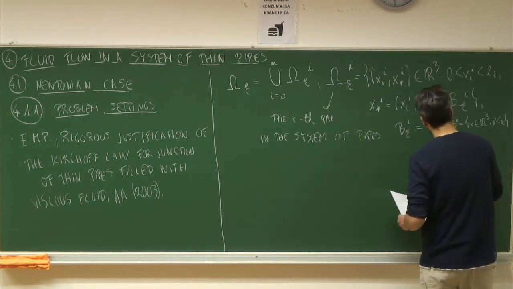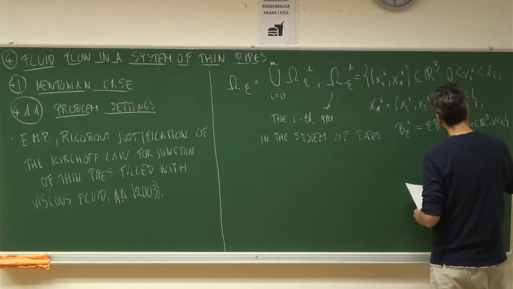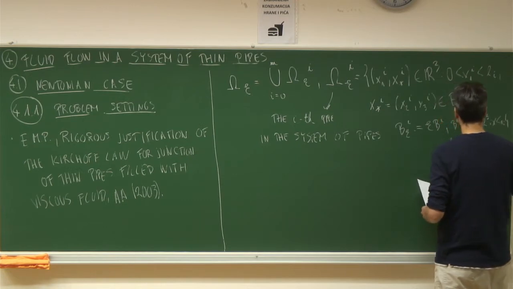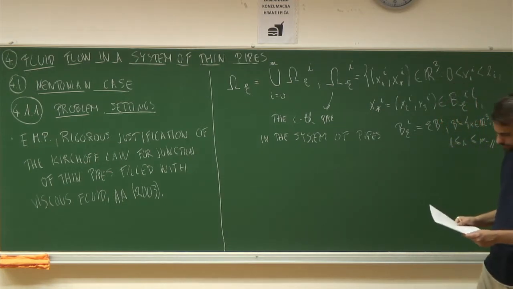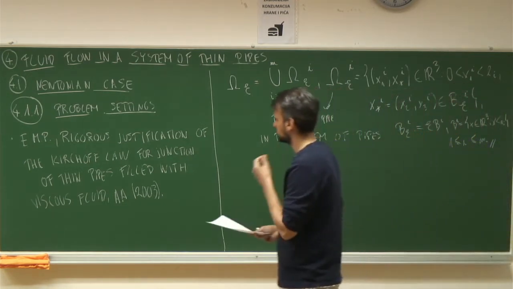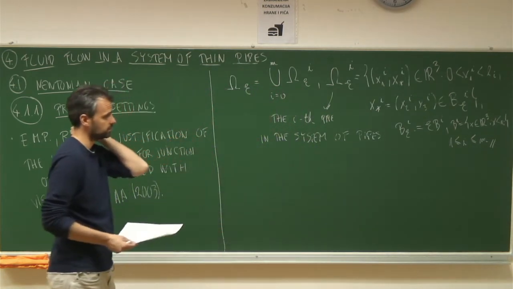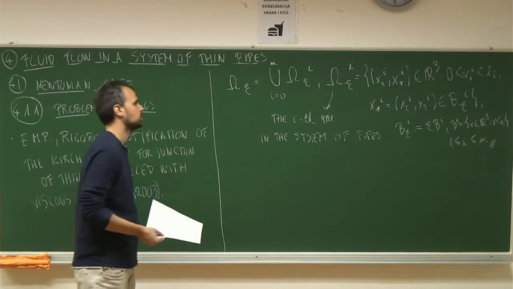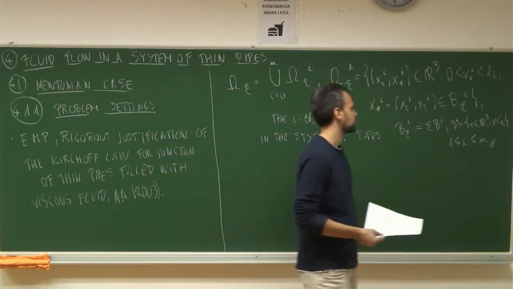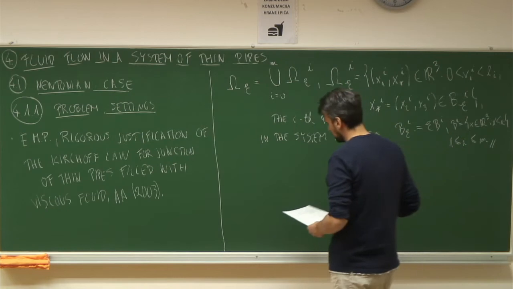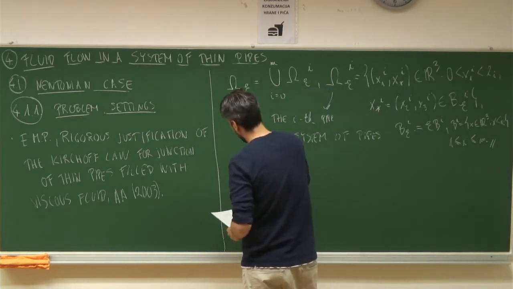Okay, so i is between 1 and m. And now, of course, the pipes do not need to be of the same shape, so this Bi can vary. So you can put a different coordinate system in each one of them.